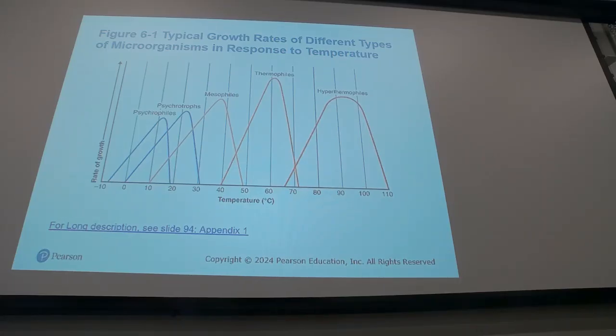So for these psychrotrophs, we have a range between 0 to 30 degrees Celsius, with a peak around 22 or so. For mesophiles, between 10 to almost 50, peak 37 degrees Celsius. Thermophiles, from 40 to a little bit over 70 degrees Celsius, the range.